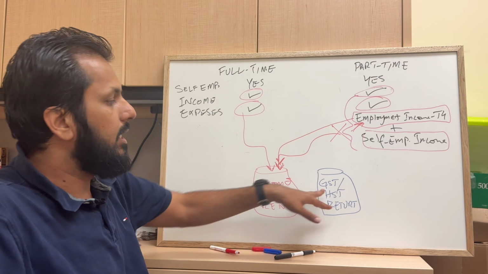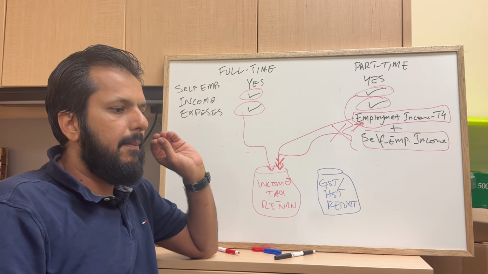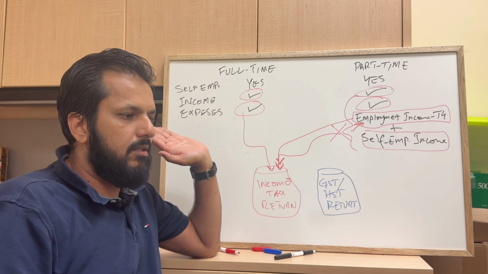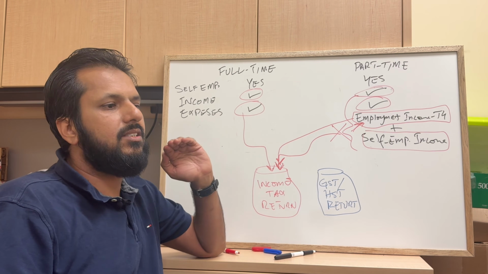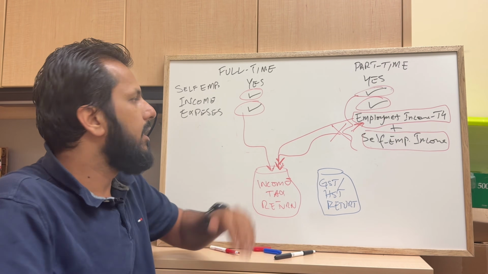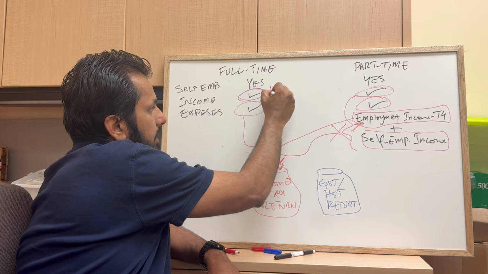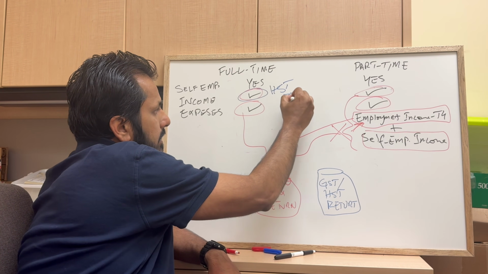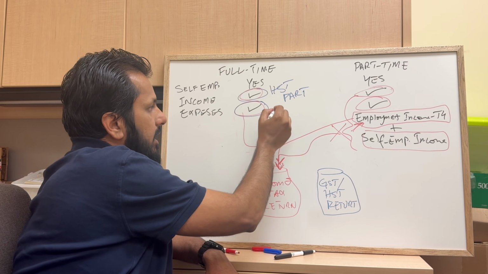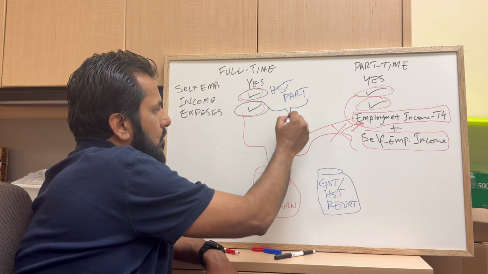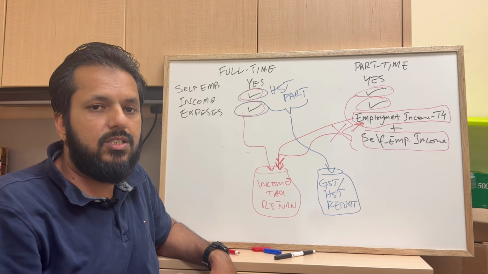Now coming to the HST part. So for this example, let's say these two, the full-timer and the part-timer, have the same Uber income and the same Uber expenses. Okay, so that means the HST part on the income and the expenses is going to go to this GST HST return.